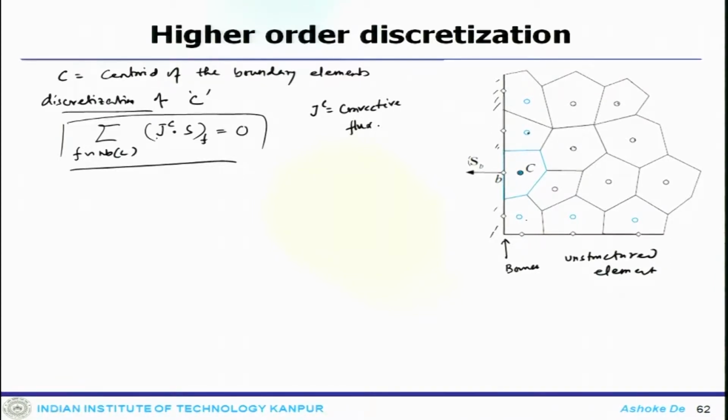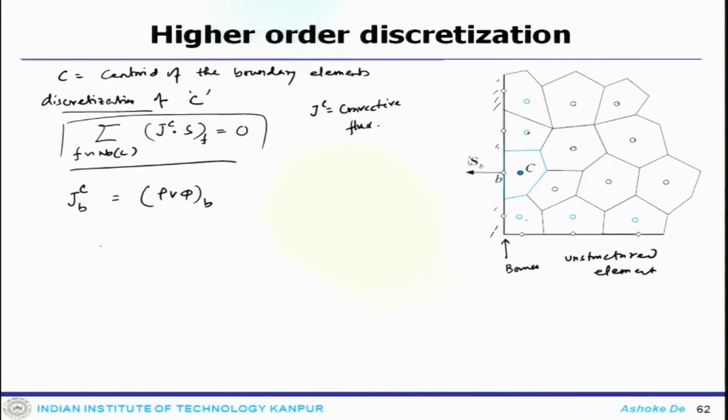So, this flux which is shown here has to be properly represented for this boundary. Now, when you talk about the flux at boundary B, one can write this would be the convective flux, or the component of the flux.